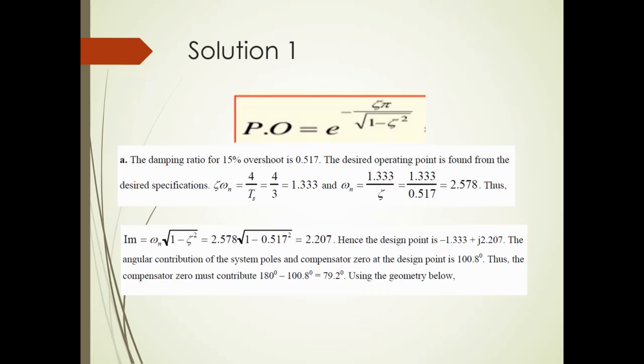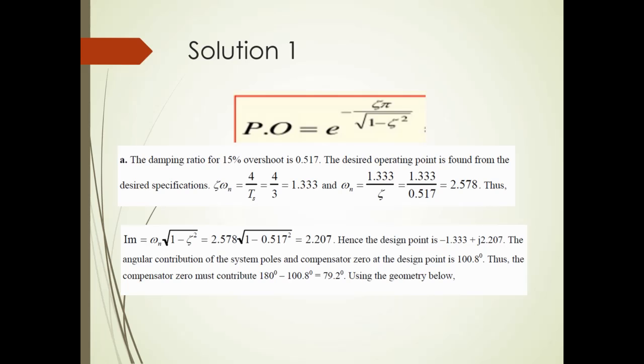The formula for Wn is equal to 1.33 over damping ratio, and we got 2.578. Thus, the imaginary part is equal to Wn multiplied by the square root of 1 minus damping ratio squared. Replacing the factors, we got 2.207.